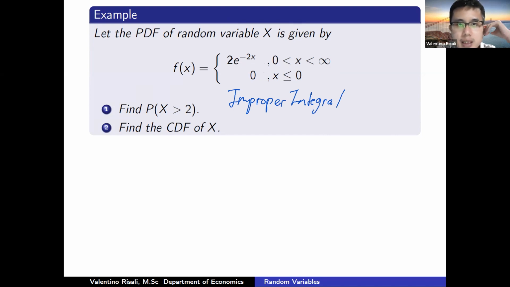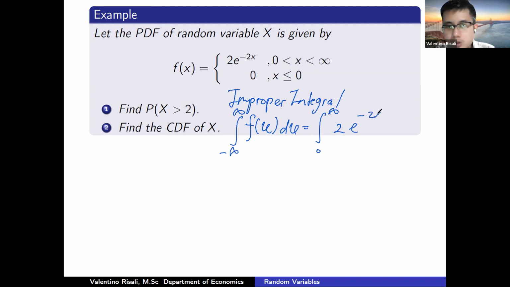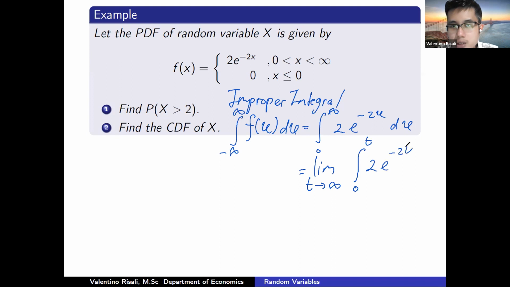For the improper integral, if we want to check the second requirement, we will check the integral from 0 to infinity of e to the power of minus 2x dx. By the definition of the improper integral, it is equal to the limit as t tends to infinity of the integral from 0 to t of e to the power of minus 2x. And we will solve the integral first.